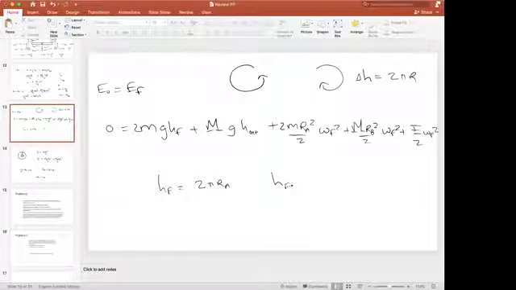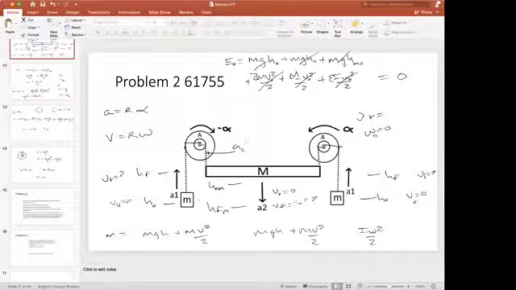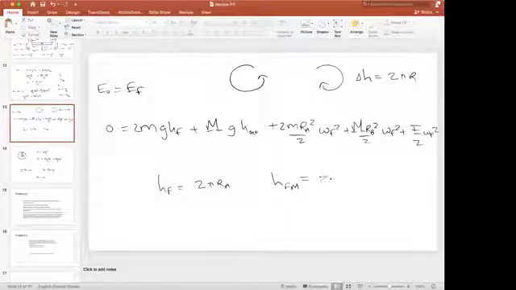And H final for the big mass, because it's attached at the center B, at the littler pulley, ends up being 2 pi RB. So it's turned through an angle of 2 pi rads. The circumference is 2 pi r. So if I gave you M and I gave you big M, you could find H final from knowing it went through one rotation.